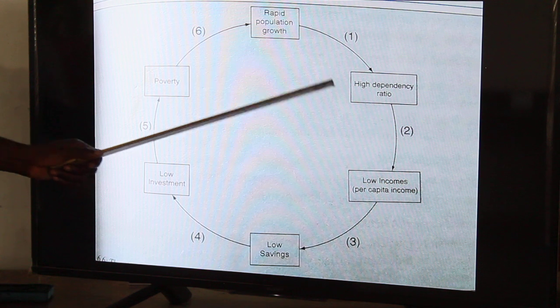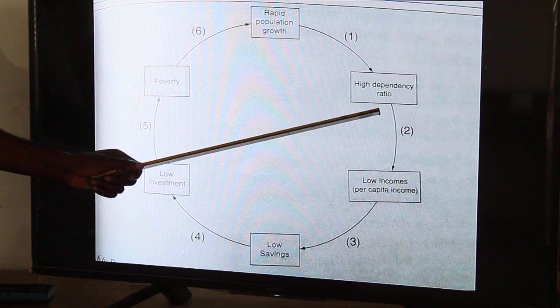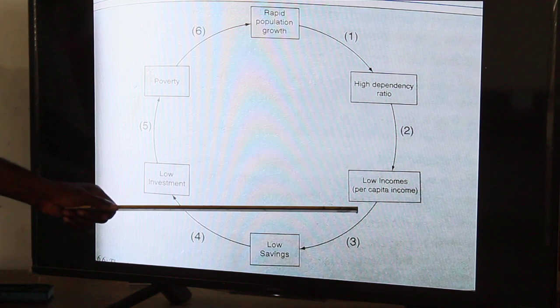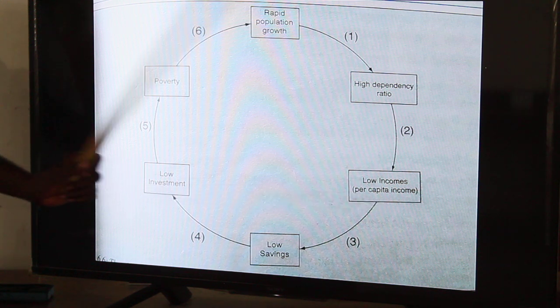So there is high dependency ratio. What does that mean? There will be low per capita income. If few are working, they are the ones who are generating the income, right? Population is high. So if we divide, we realize that the per capita income is very low.